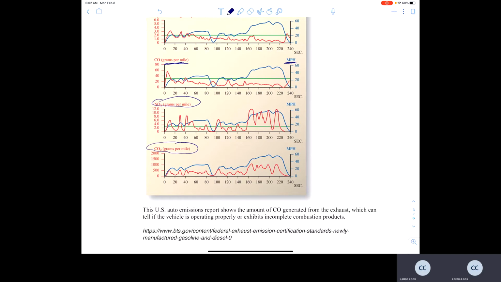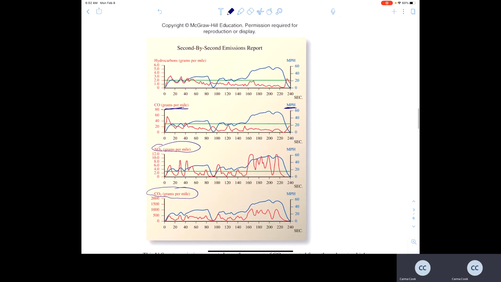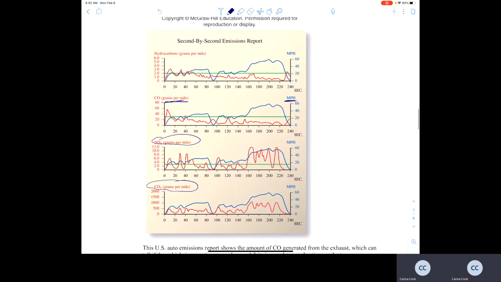But you can see, again, as the speed increases, so does the amount of CO2 that comes out of the tailpipe. So therefore, this vehicle would not pass the emissions test because as you go above 40 miles per hour, you can see that the amount of carbon monoxide and the amount of nitrogen oxides goes way above the green line, what's considered standard.